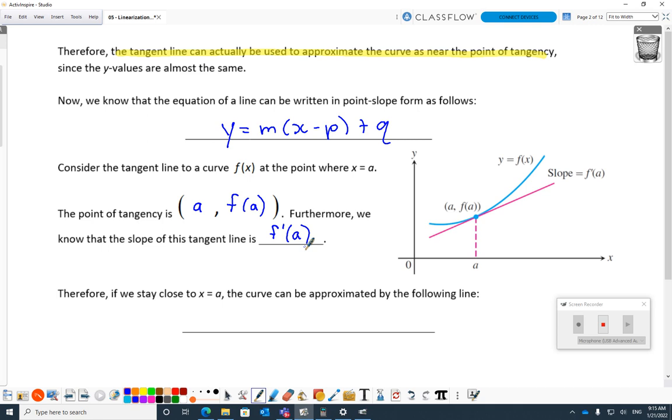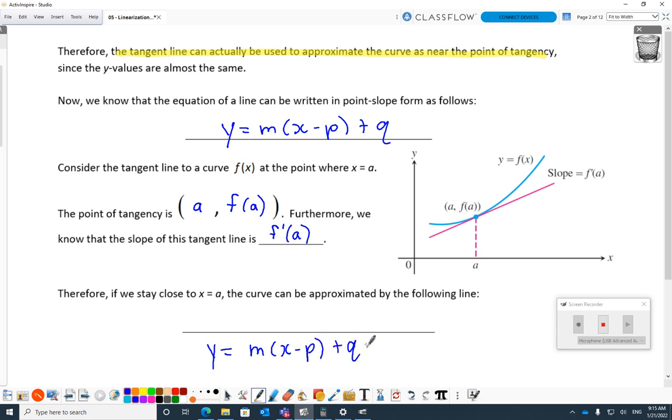And it's in the picture here. There's the point (a, f(a)), and the slope is f prime, the derivative at that particular a. Therefore, if we stay close to a, the curve can be approximated by the following line. I'm going to write the equation underneath and then write the other part above it. This is the mistake textbooks make sometimes, is they write some random equation out here and they don't really reference it down here to make it clear to everybody who's reading where they're getting this from.